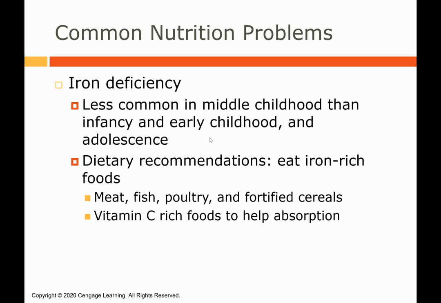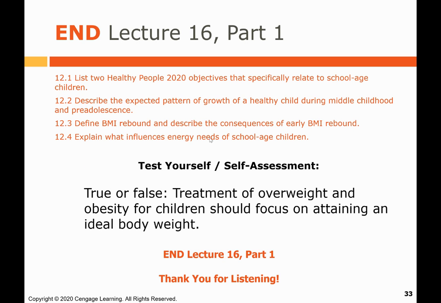So we tend to say don't eat iron-rich foods with your calcium foods. Instead, eat iron-rich foods with your vitamin C, and then eat your calcium at a different time, if and when possible. And with that, we have ended part 1 of this lecture.